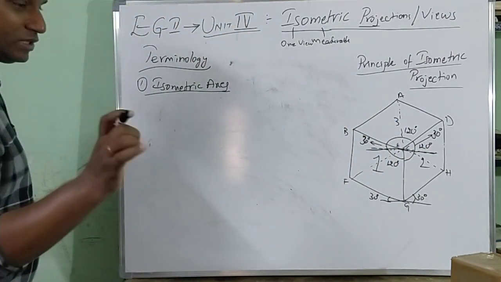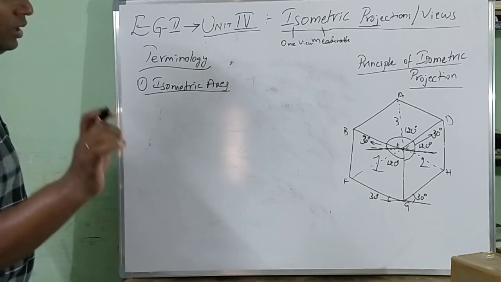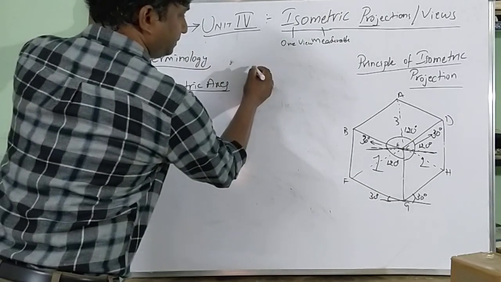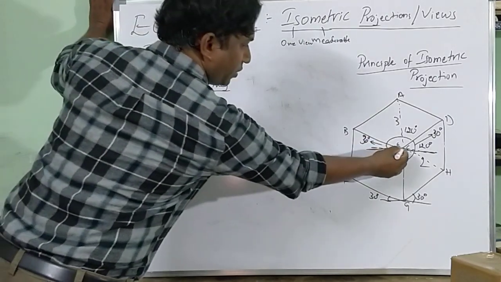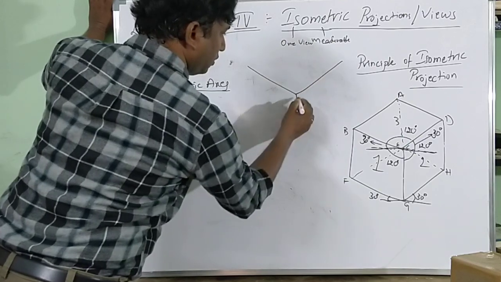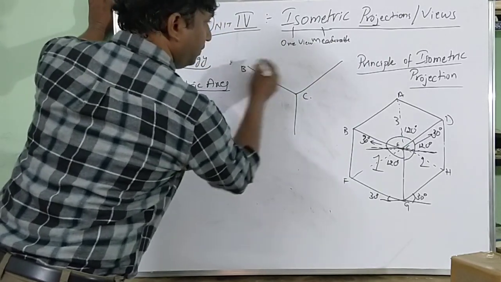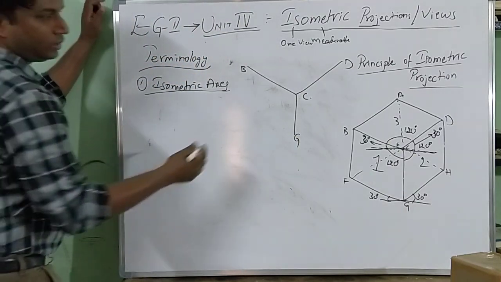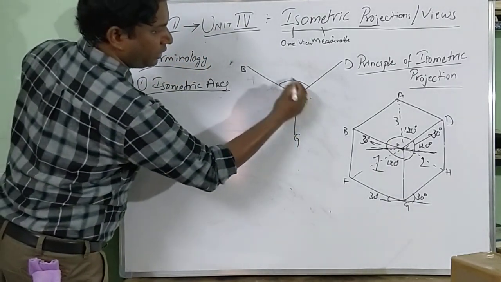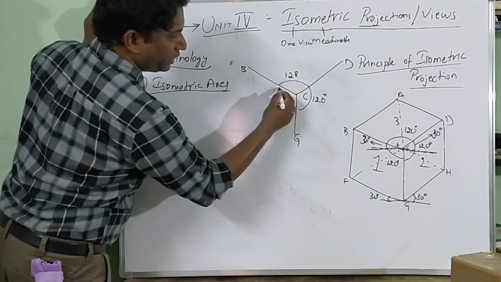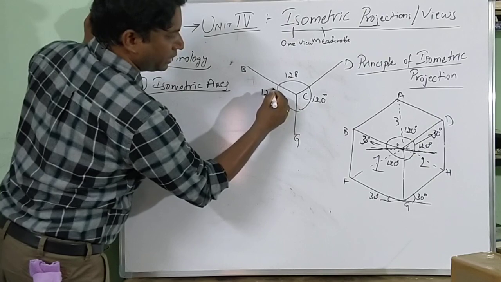At the intersection point where all angles are equal, those lines are called isometric axes. Here the intersection point is C, with B, D, G, where the angles are 120, 120, 120 degrees.